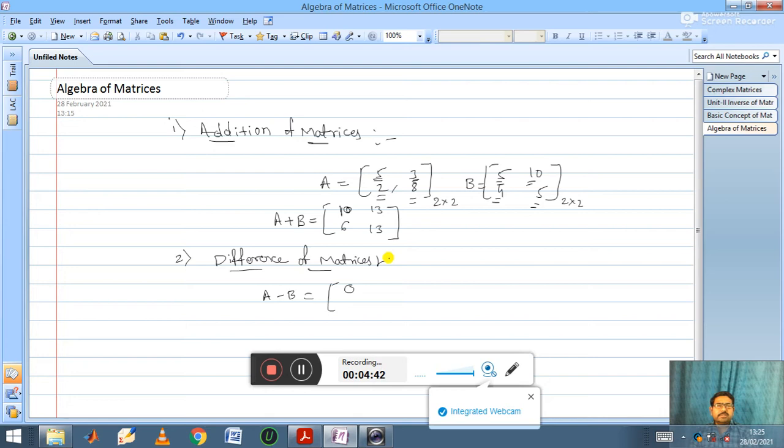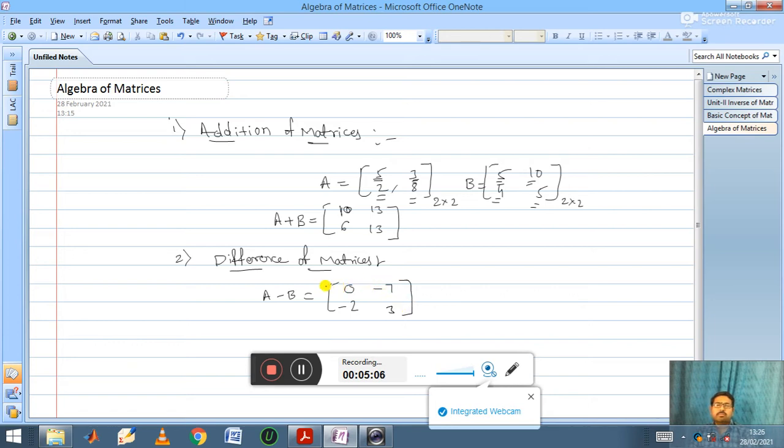So 3 minus 10 gives minus 7. Go to the second row first element. In matrix A it is 2, and in matrix B it is 4. So 2 minus 4 gives minus 2, and the last element 8 minus 5 gives 3.